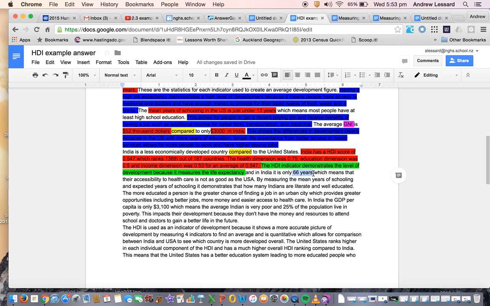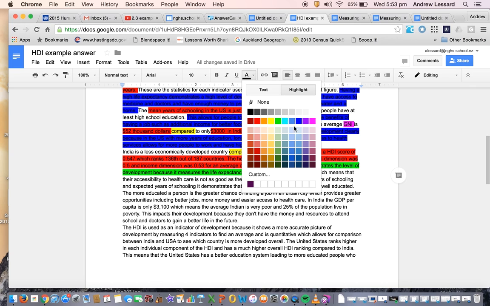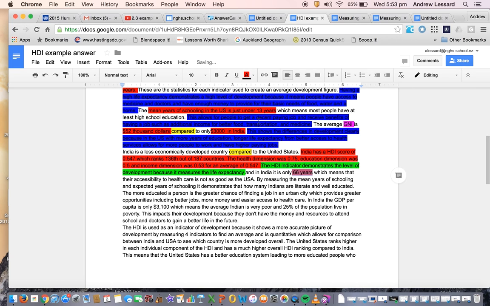And then 66 years is a stat. And once again, every time you have a stat, you have to back it up with an explanation saying why is that stat important? How does it show the differences in development?